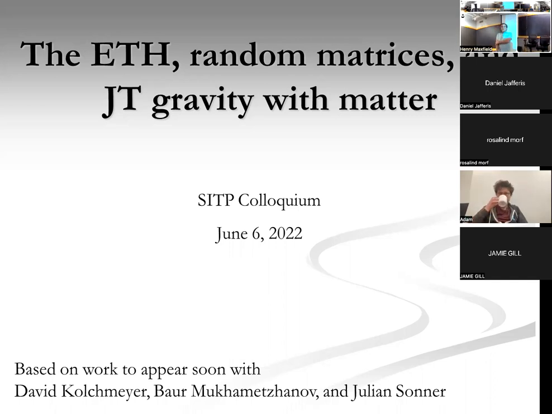From another point of view, what I'm going to do is take the ETH, the Eigenstate Thermalization Hypothesis, which is some statistical ansatz for the matrix elements of simple or light operators between high energy microstates, and reinterpret it as a matrix model.